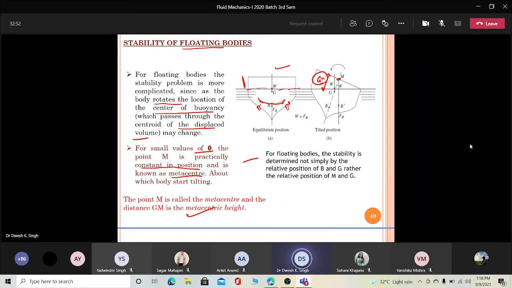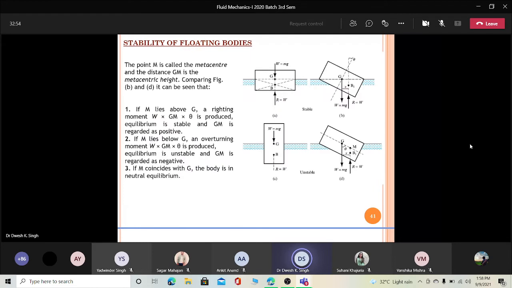Okay. Now let us try to understand the unstable and stable cases of floating bodies, when it will be stable, when it will be unstable. Here the condition for stability and instability is a little bit dissimilar from that of a submerged body.